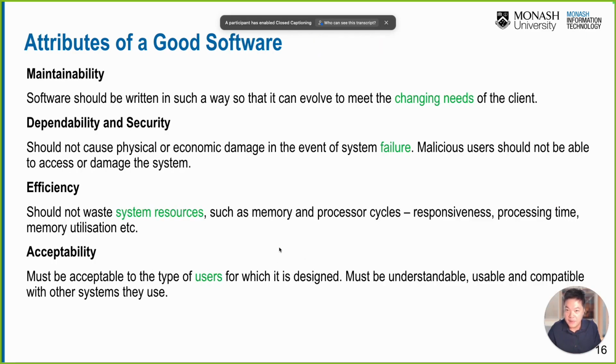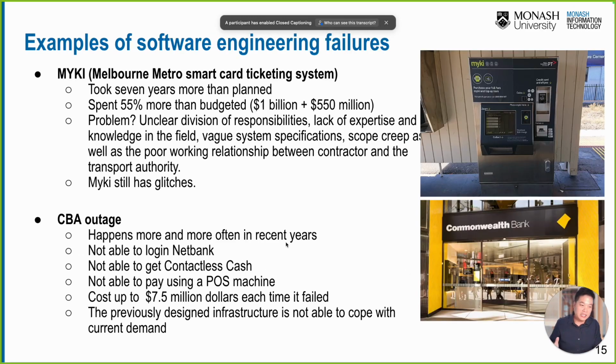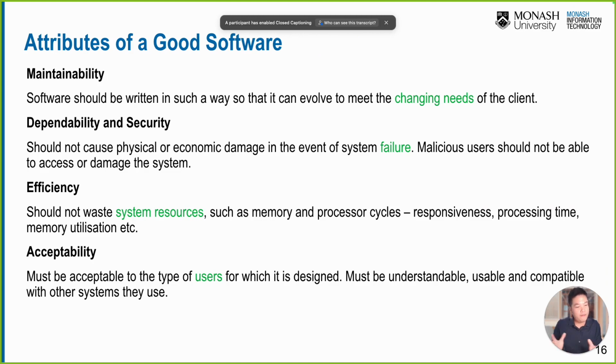Okay. So this is the negative consequence when the software product fails. Then what makes good software? There are different attributes, or characteristics, of a good software system. For example, the software system should be highly maintainable. Of course, when we develop a piece of software, it's not just one go.